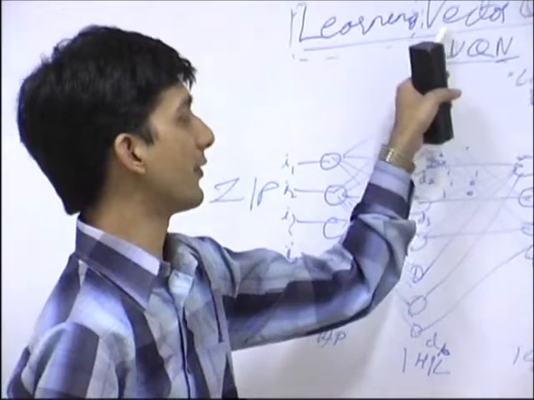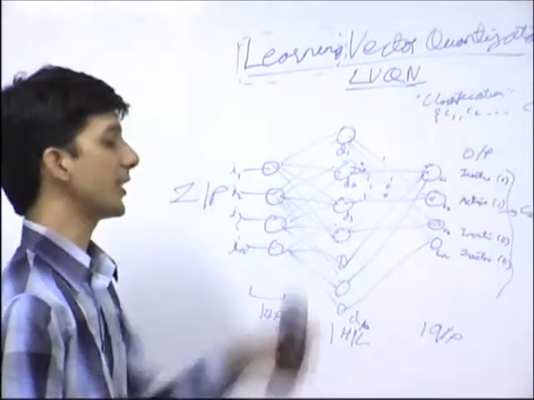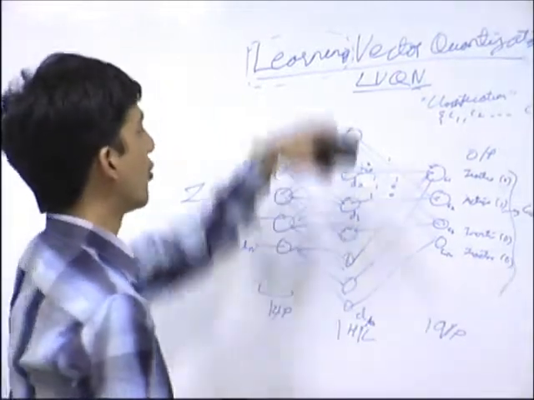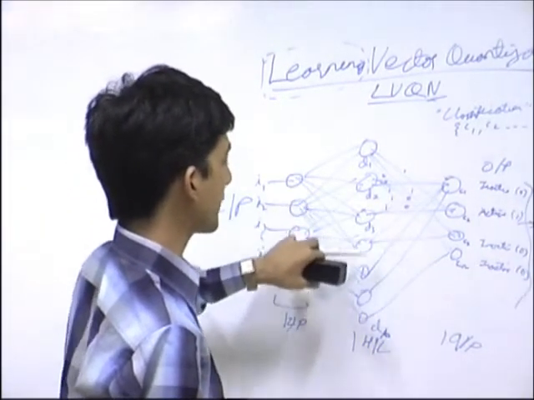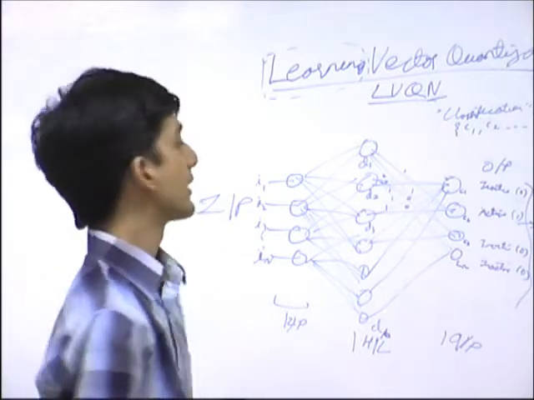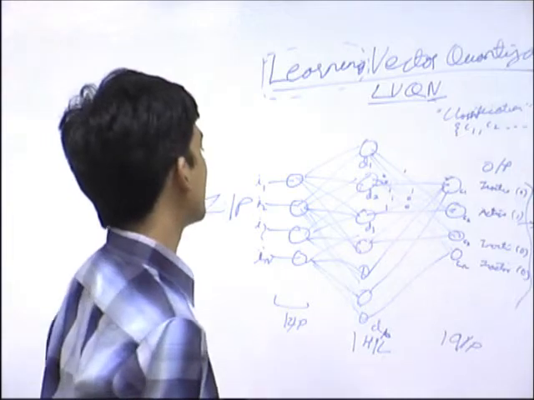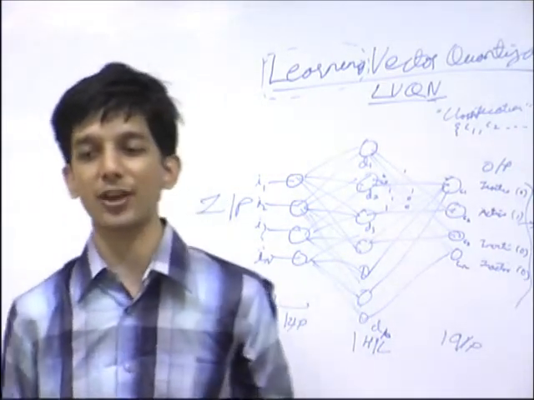Now remember, the word was vector quantization. So as was the case with the radial basis function network, all of these are nothing but vectors. D1 is a vector, D2 is a vector, D3 is a vector, Dp is a vector. And the performance is similar. There is an information gathering stage and there is an activation function stage.